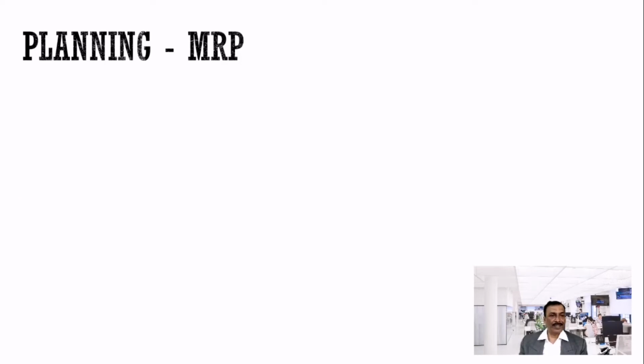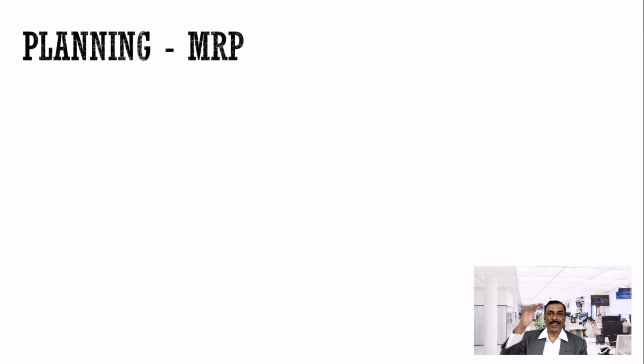Along with it, the next important process is called MRP, material requirement planning. This is also one of the important planning functions. The designation could be supply planning or material planning or inventory planning. Their function is to break down the end product into component level. Now we have reached the operational level.